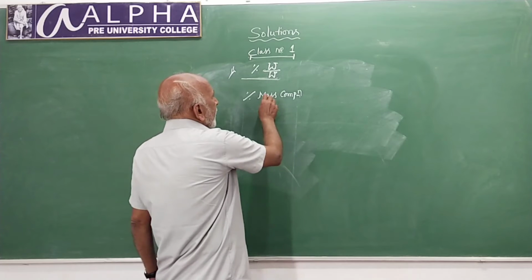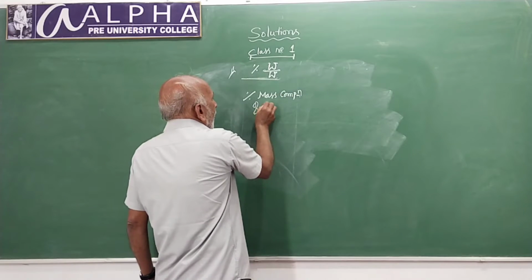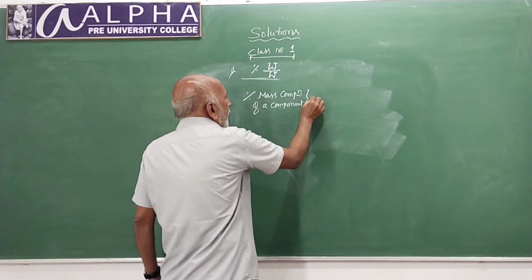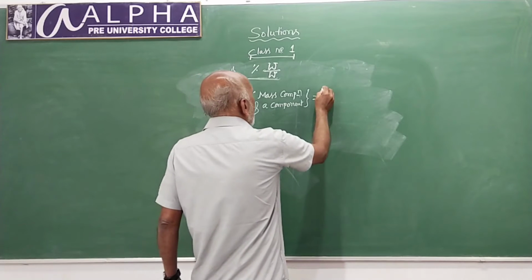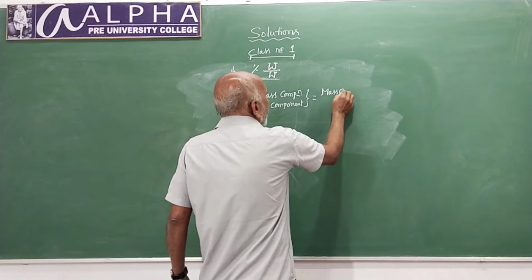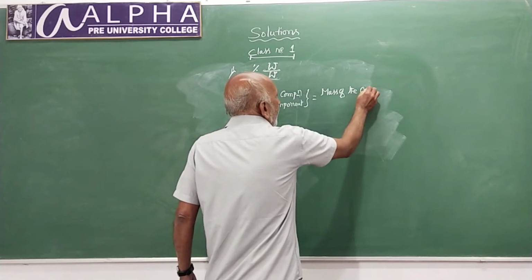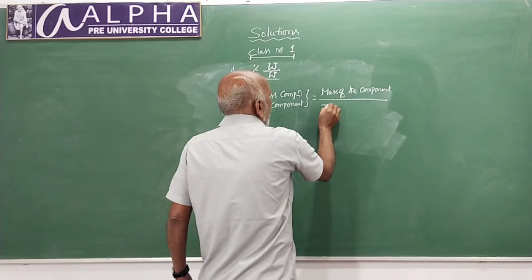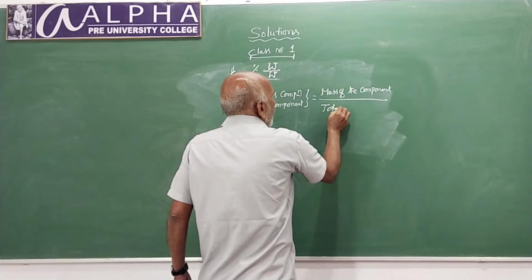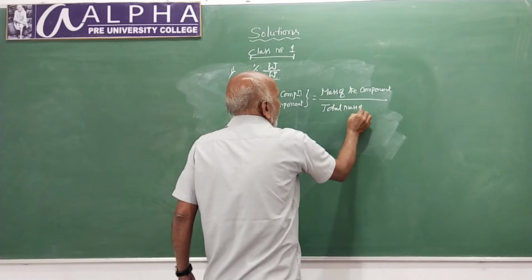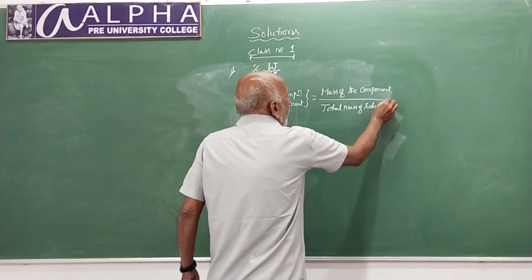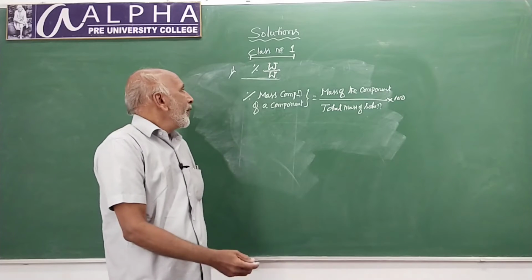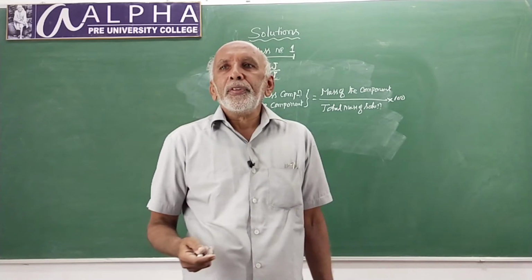Percentage mass composition of a component is equal to the mass of the particular component by total mass of solution into 100.